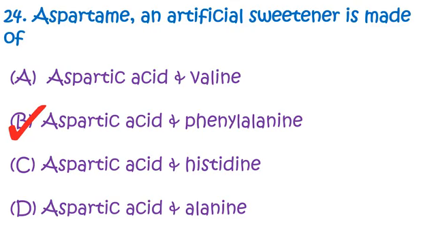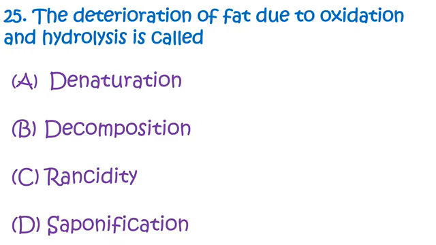So aspartame is an artificial sweetener which is approximately 200 times sweeter than normal table sugar. It is normally used as a low calorie artificial sweetener in dairy products, sweets, gummies or chewing gums.